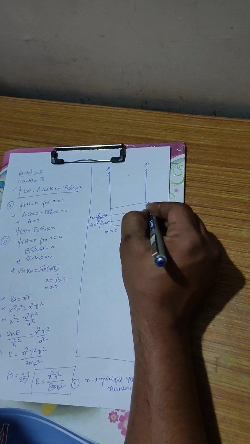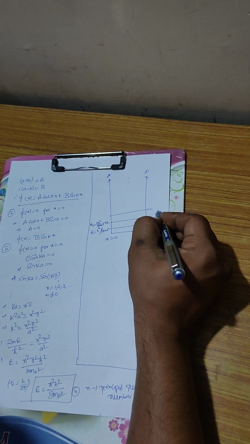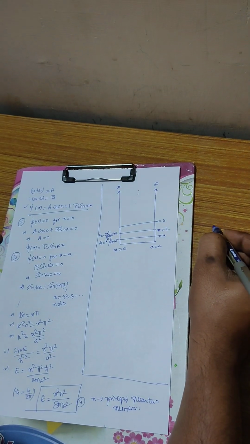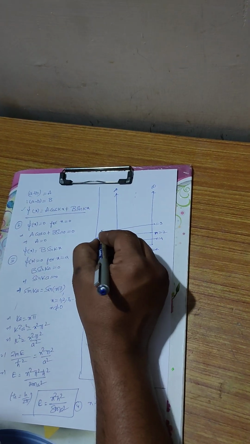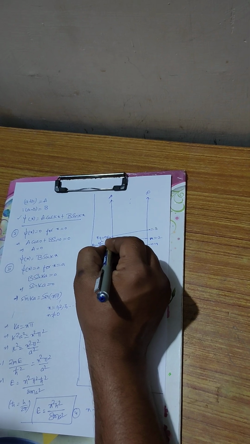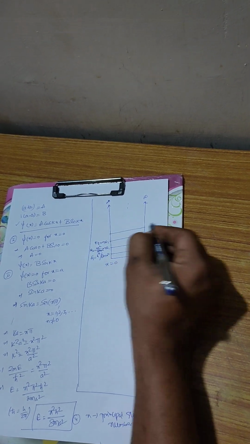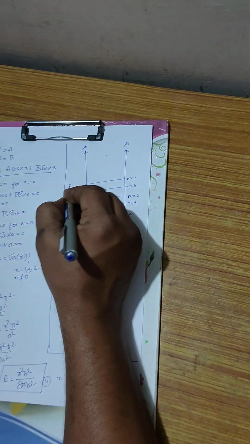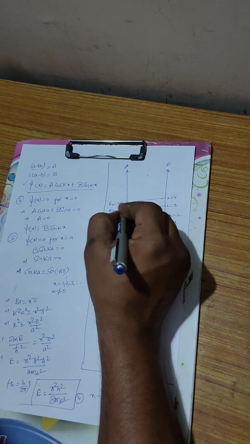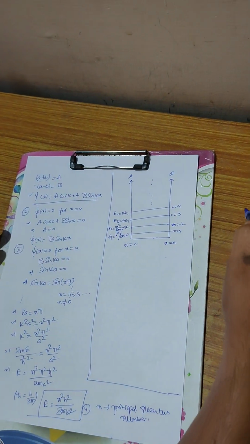Similarly, if the electron moves to the second excited state, then the principal quantum number n becomes 3, so the corresponding energy is E3 is equal to 9E1, and for the third excited state n equal to 4, the energy becomes E4 is equal to 16E1, and so on.